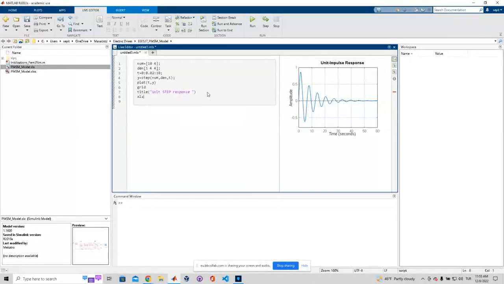Okay, let's add labels to our graph. For the X label, let's say time, in seconds, and for the Y label, our output.